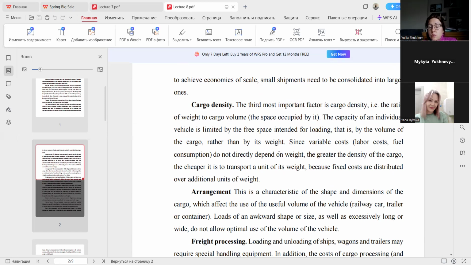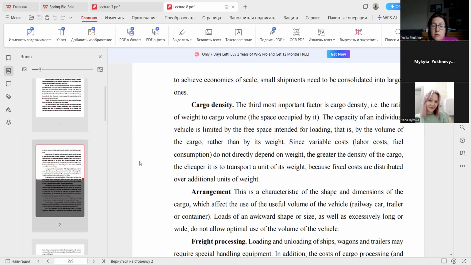Since variable costs, labor costs for example, do not directly depend on weight, the greater the density of the cargo, the cheaper it is to transport a unit of weight, because fixed costs are distributed over additional units of weight.